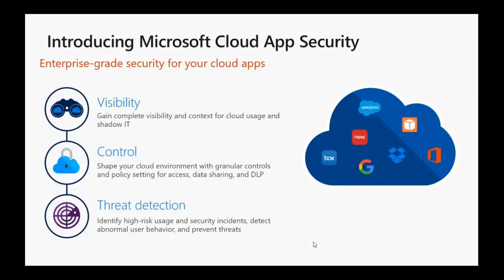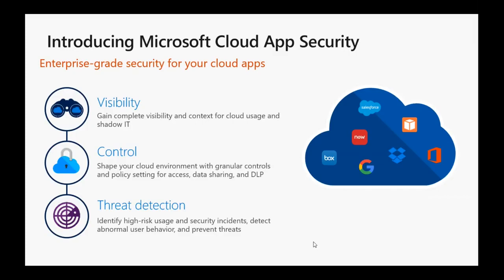Now, introducing Microsoft Cloud App Security. Well, it is nothing but a layer between your on-premise and the cloud that lets you govern the data passing through, kind of a firewall between your on-premise environment and your cloud. The governance is actually all done on the cloud app security.